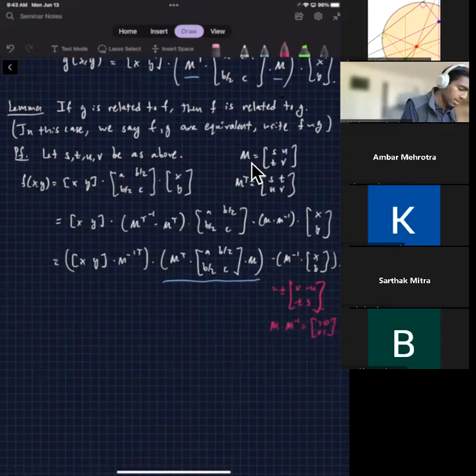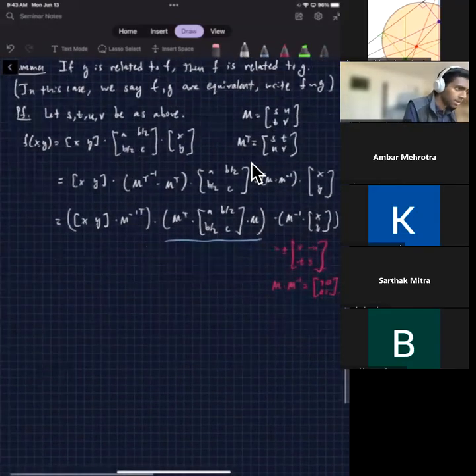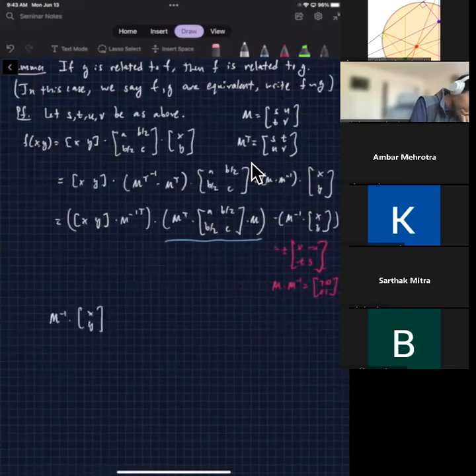Okay, so the point is that we know what M inverse is, so we can write M inverse (x, y) as plus or minus (vx minus uy, and minus tx plus sy).